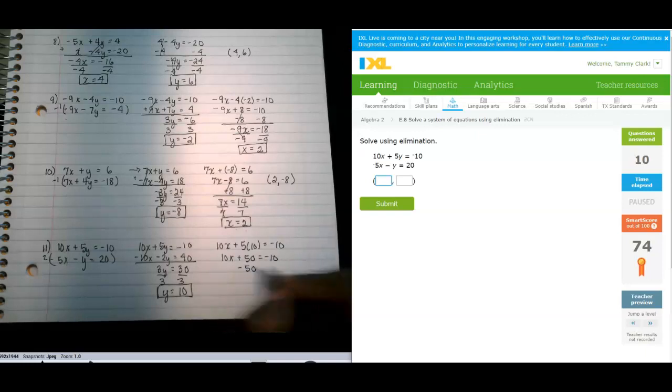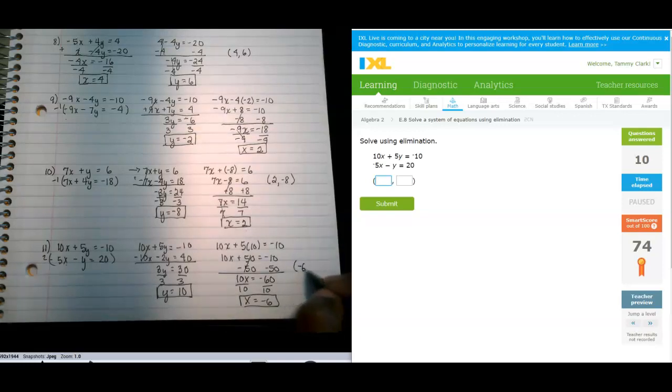I'm going to eliminate the 50 from both sides of the equation. That leaves me 10x is equal to negative 60. We're going to divide by 10 on both sides of the equation. Therefore, x is equal to negative 6. And our solution will be negative 6, 10.